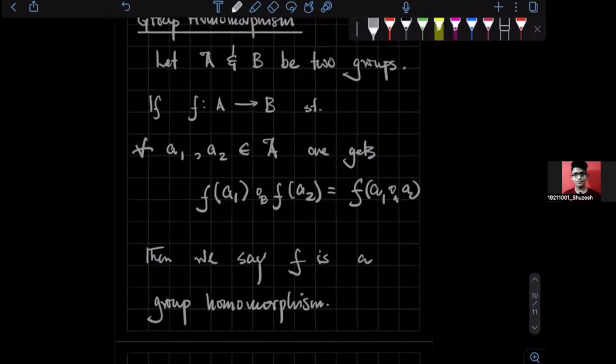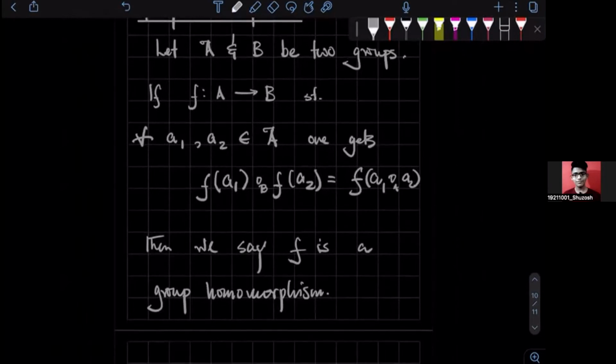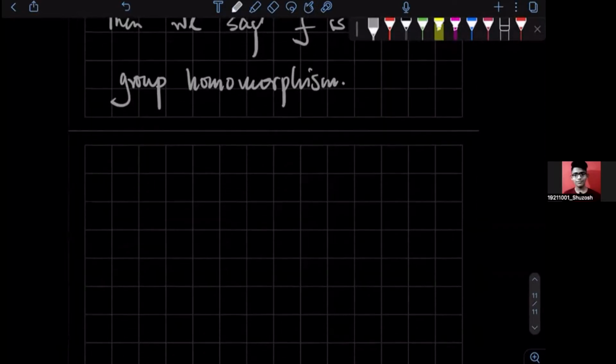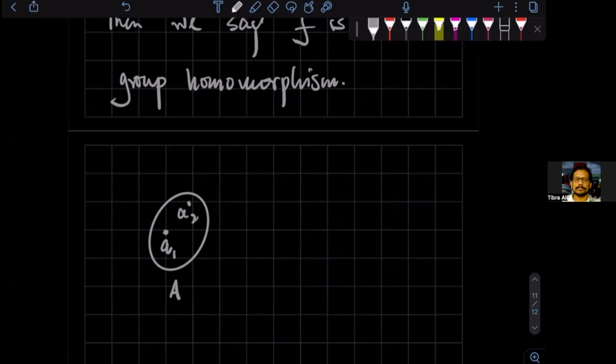Could you repeat the part again? Yeah, so suppose that we have, let me draw a picture, a group A, and two elements, say A1 and A2. When we multiply A1 and A2, we come to some other element, say A3.